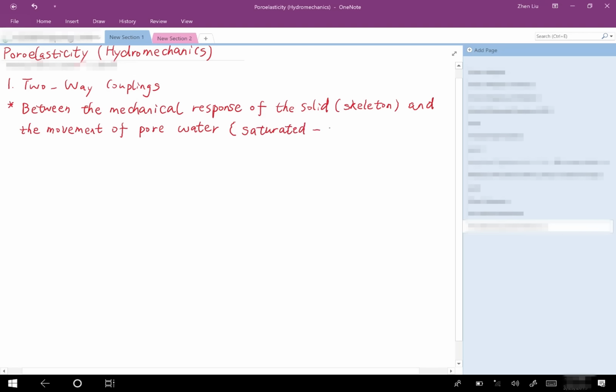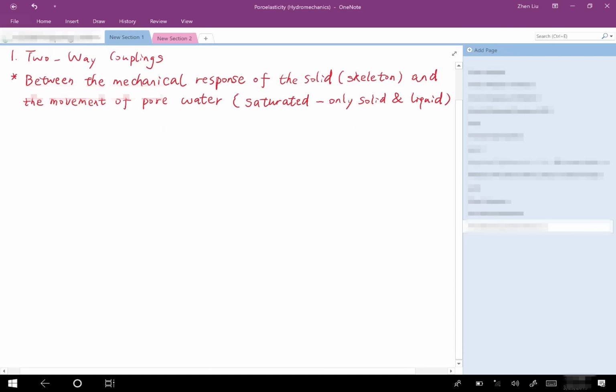So we only have solid and liquid. So there's no gas. And this is first, what the coupling is about. Second, I will give out the constitutive relationship directly. So this is kind of the key part.